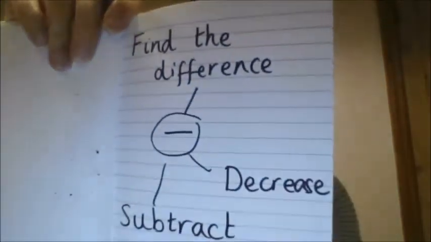The other two questions, remember, are subtract, even though they use different vocabulary. You've got decrease and subtract, they all mean subtraction, so always do your subtraction. Then the next ones, you've got to find the difference.